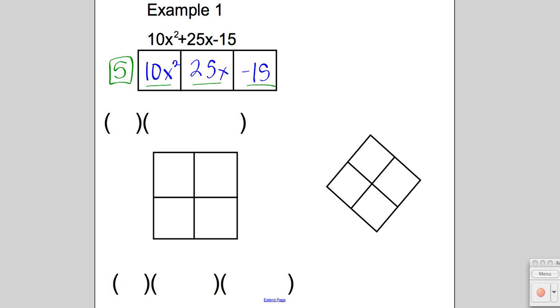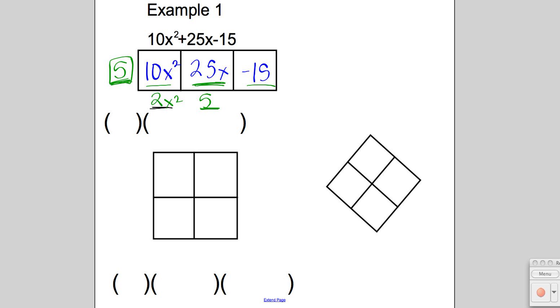Now what we do is we factor it out. We're going to unmultiply it, because 5 times something gives me 10x squared. Well, 5 times 2x squared gives me 10x squared. And again, 5 times something gives me 25x.